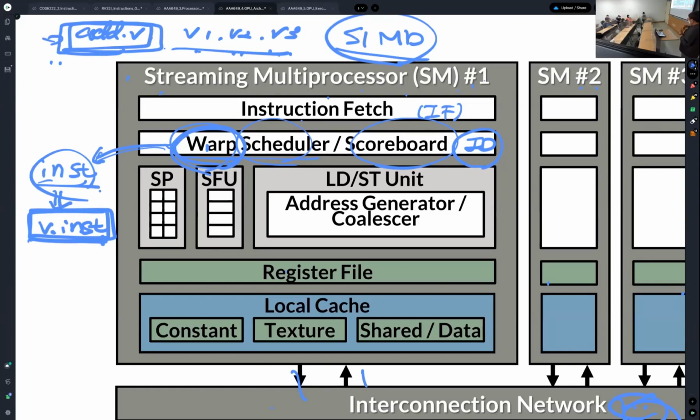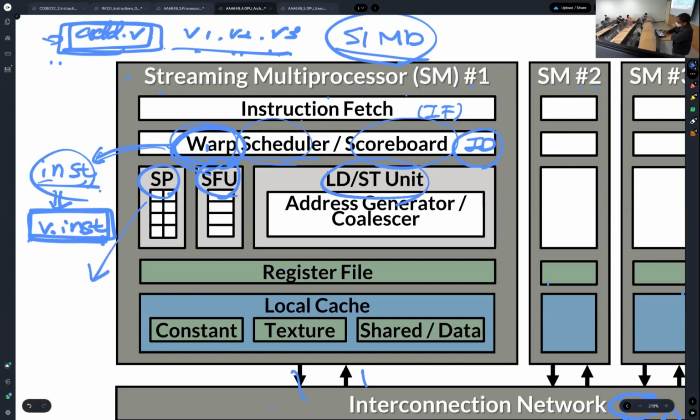So what is the scheduler? What is the instruction scheduler? The instruction scheduler issues available instructions to the execution engine. And then there are 3 different types of execution engines in the GPU: SP, SFU, and load store unit.